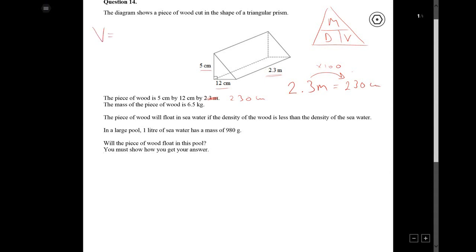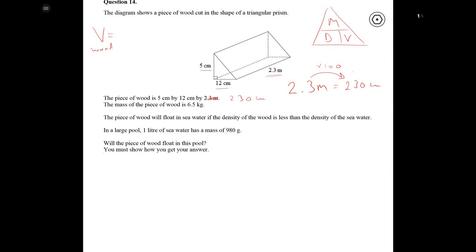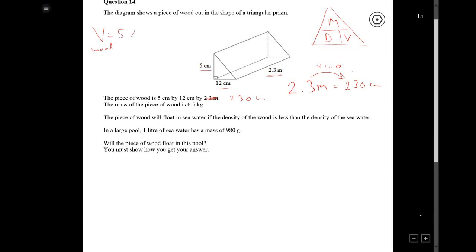In these worded questions I can label what I'm working out. So the volume of the wood is equal to 5 times 12, the area of my cross section, which is a triangle, so I need to divide that by 2, and then multiply that by the length of the whole prism, 230 centimeters.